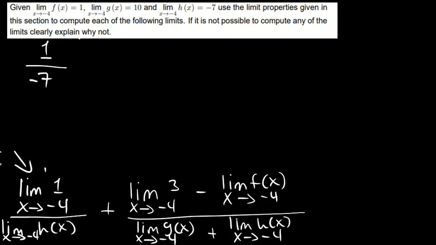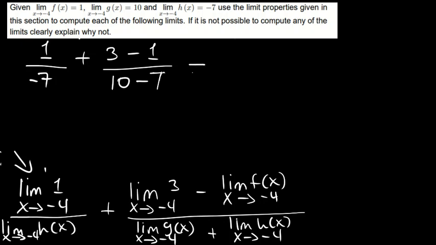This plus the limit of 3 as x approaches minus 4, which will also be 3, minus the limit of f of x as x approaches minus 4, which is 1. So we are going to have 3 minus 1 divided by the limit of g of x as x approaches minus 4, which is 10. So we're going to have 10 plus the limit of h of x as x approaches minus 4, which is minus 7. So this is what you are going to have.